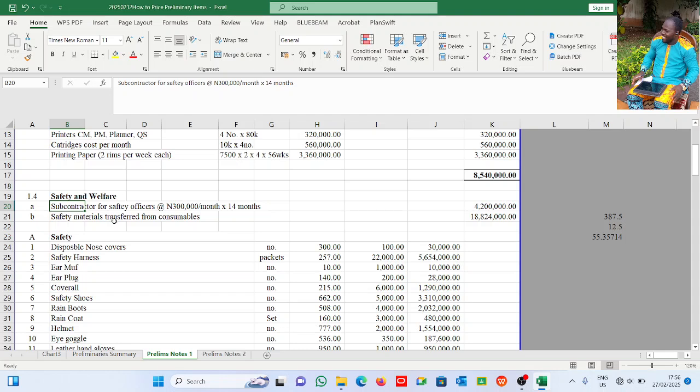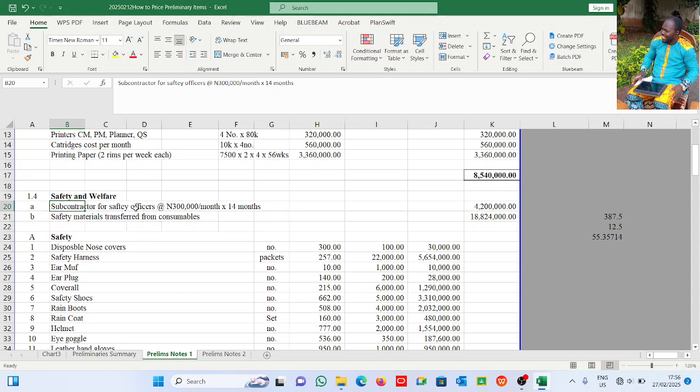They sublet it so that another company takes charge of the safety of the site. And of course, it is always more effective because if anything happens, they know they are liable. All right.